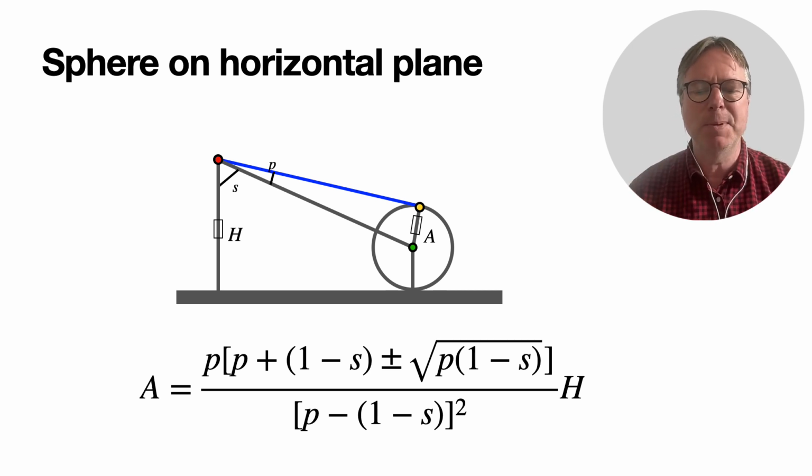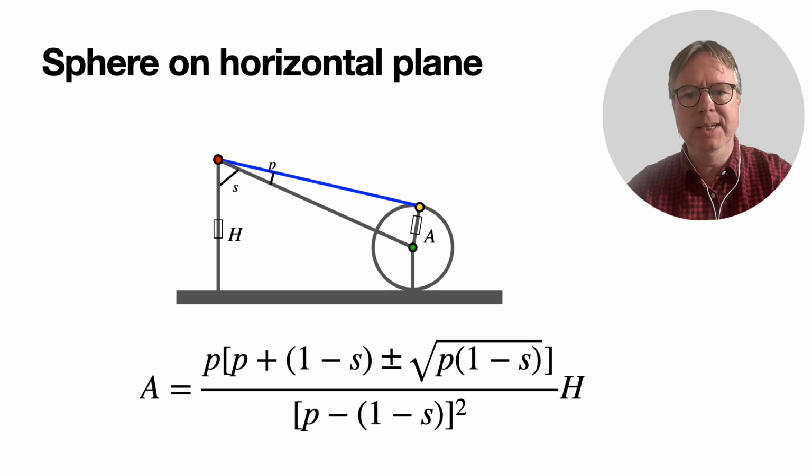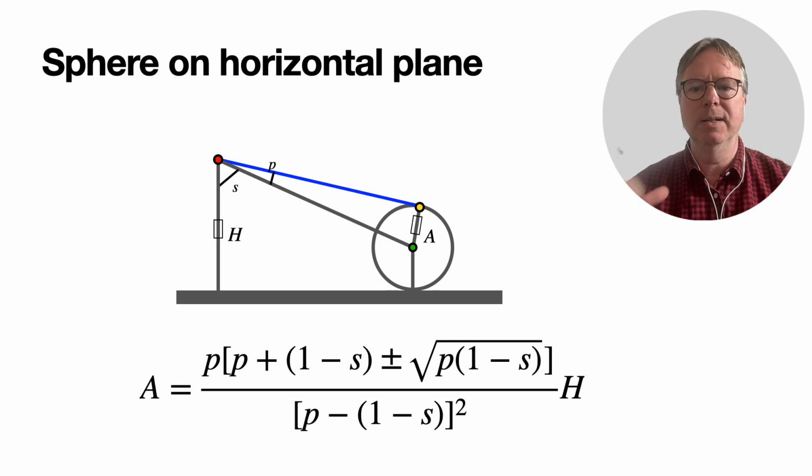So if you keep in mind P and 1 minus S, the numerator is P times, in big block quotes, P plus 1 minus S, plus or minus, I'll come back to that, P times 1 minus S, and then take the square root of that. And then the denominator is P minus 1 minus S, all squared.